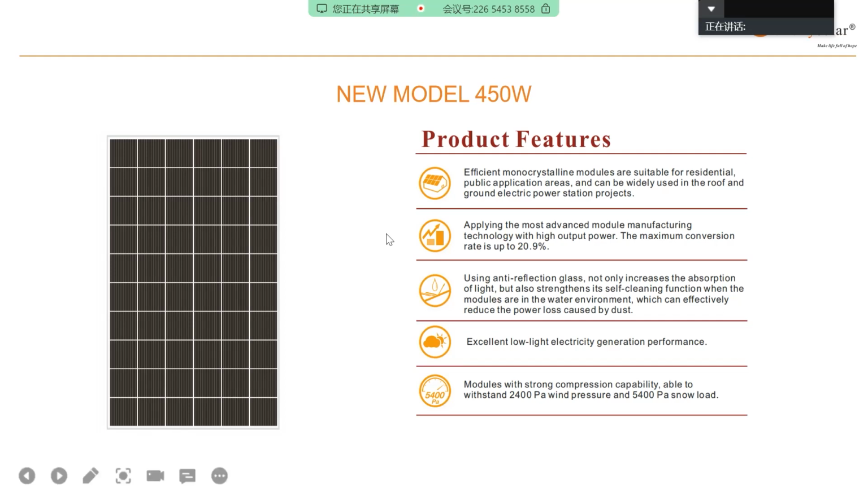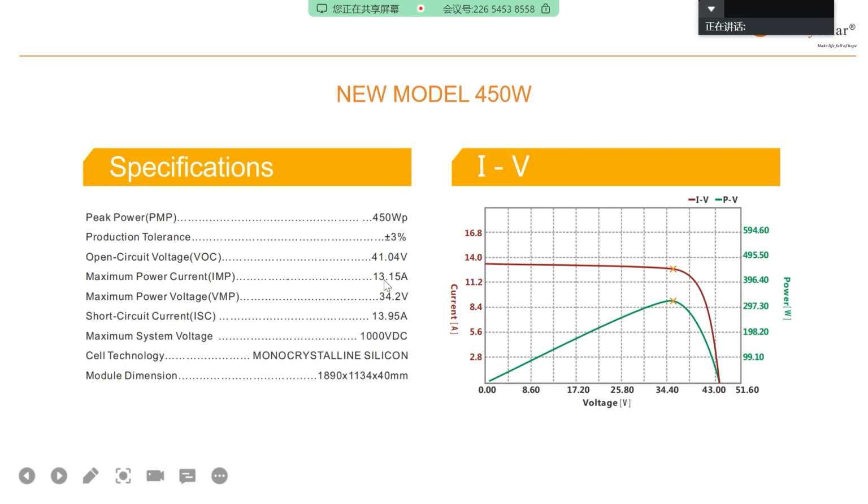The advantage for the 450 watt is the maximum power current, IMP, is 13 amps, and the voltage is almost similar to the 325 watts.